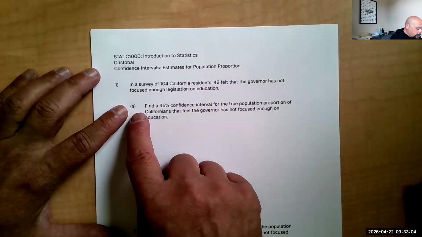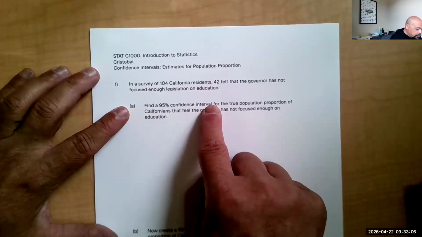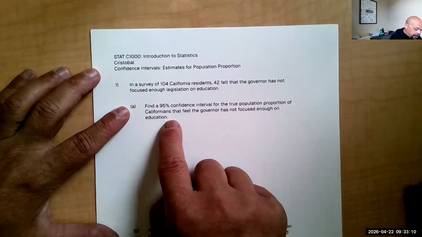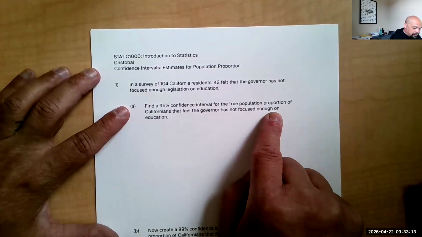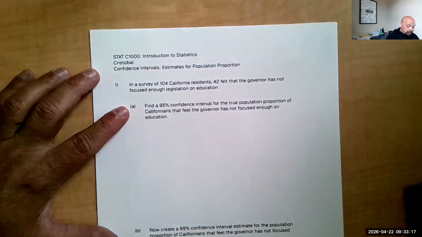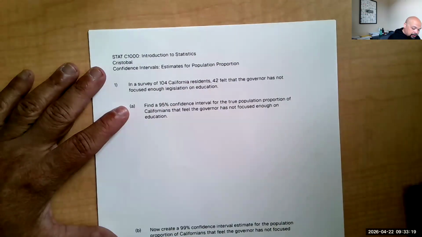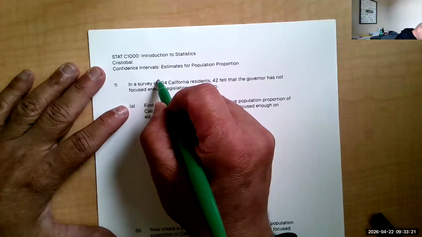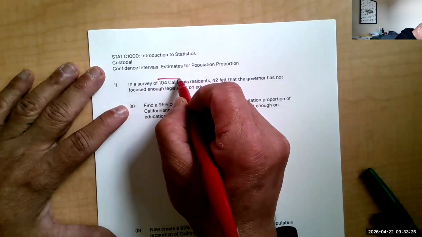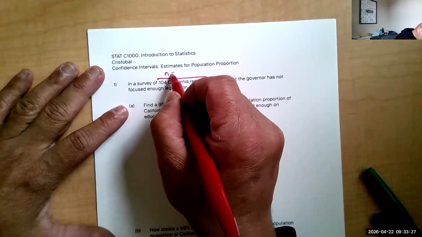Now the first part, we're going to find a 95% confidence interval for the true population proportion, that P of Californians that feel the governor has not focused enough on education, to have this characteristic. As we read through, we've surveyed 104 California residents. Put here in red, there's our value for n.